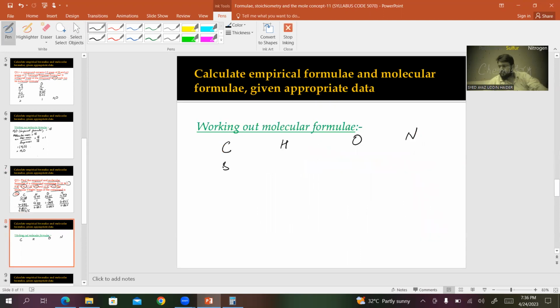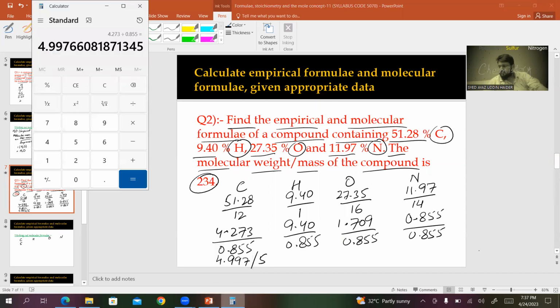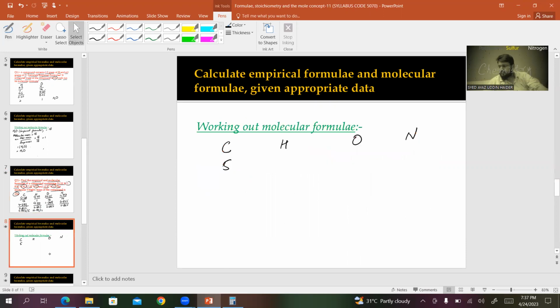So we'll write 5 here. What about hydrogen? 9.40 divided by 0.855 is 10.99, which becomes 11. So for hydrogen, I will write 11.